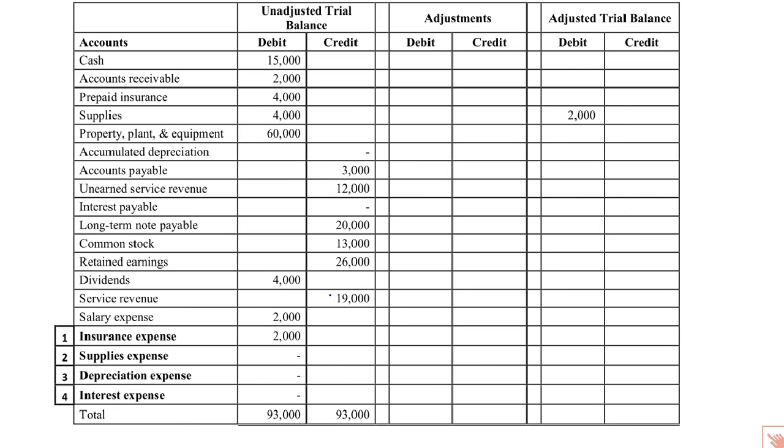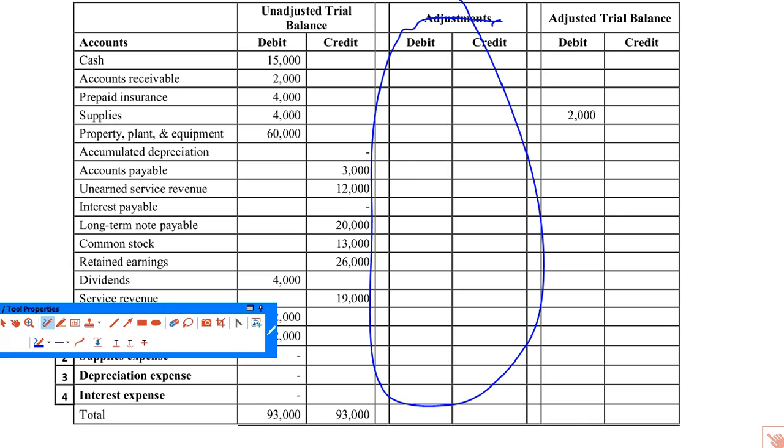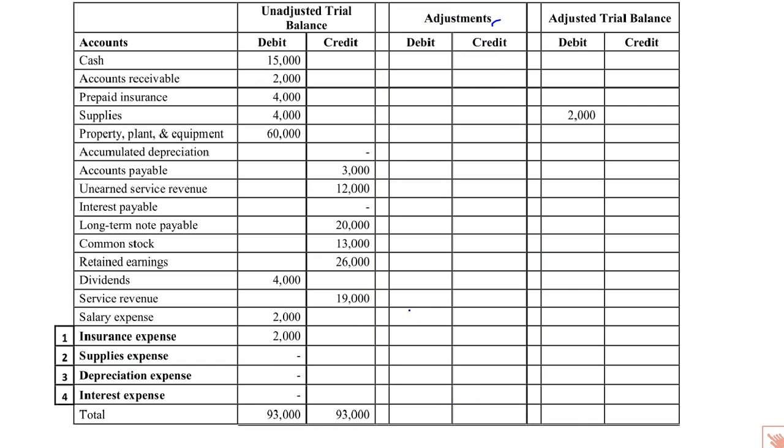So every single one of those journal entries will go right in this area here, in the adjustments. And there'll be a debit and an offsetting credit for every single one of those journal entries, because a journal entry has a debit and has offsetting credits in the same amount. And then what you're going to do is take your credit here in this column and net it against whatever's over here and come up with your new total.